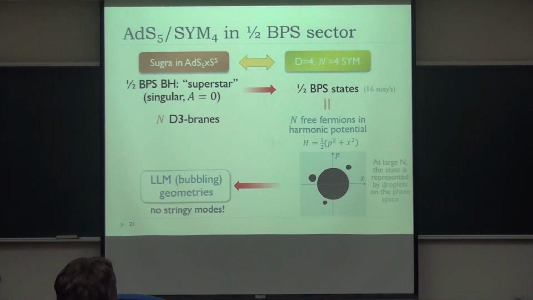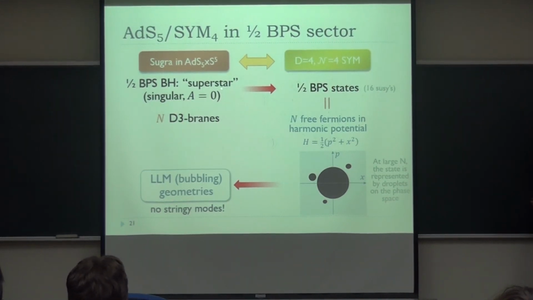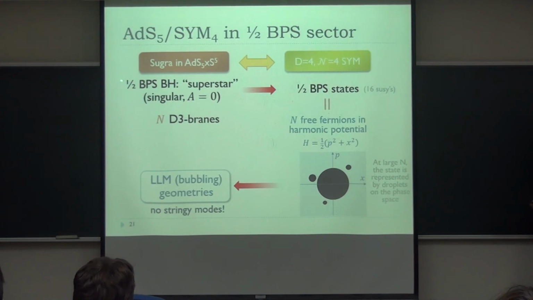Okay, so in this case, for this geometry, you consider the 1/2 BPS sector. So we consider supergravity in AdS5 x S5, and if you ask what is the black hole solution for the 1/2 BPS sector, then it is known that the solution is something called a superstar.